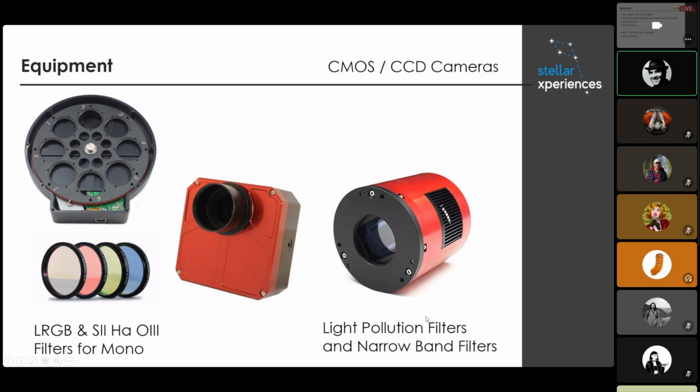We also have narrowband filters like S2, HA, O3 filters for mono cameras and color cameras that you can actually use to create a different type of astrophotography called narrowband astrophotography.